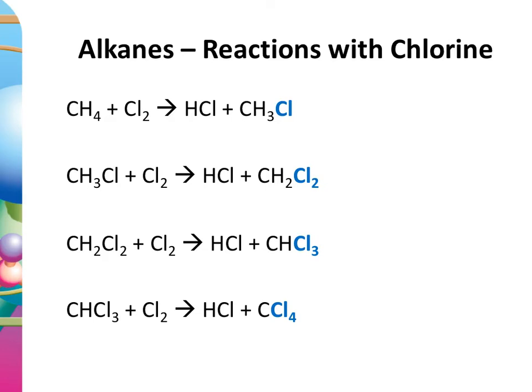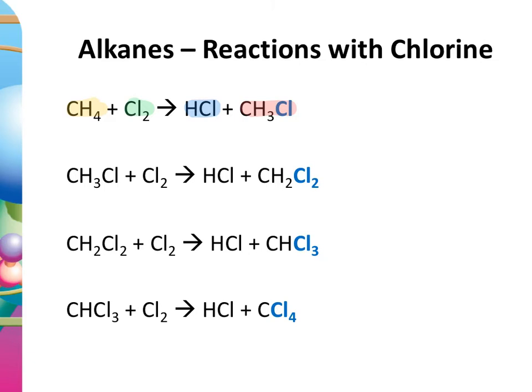In the first equation, we've started with methane, and we've reacted it with chlorine, and we've got hydrogen chloride and chloromethane. Then the subsequent reaction equations are increasingly taking another hydrogen, and another hydrogen, and another hydrogen.